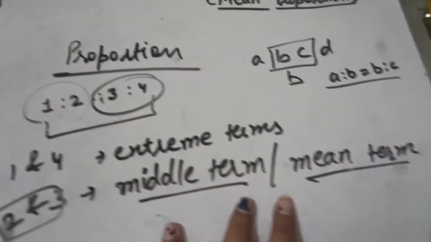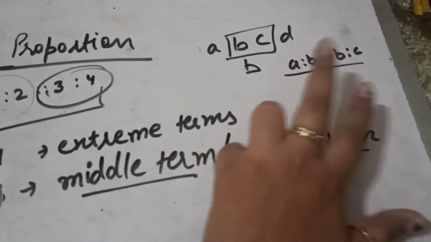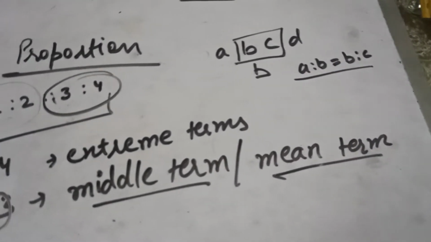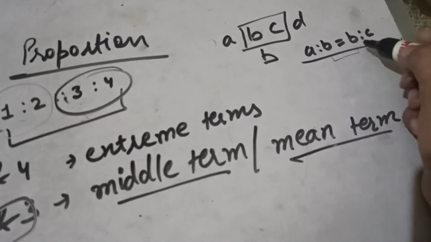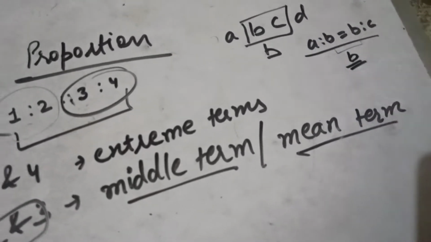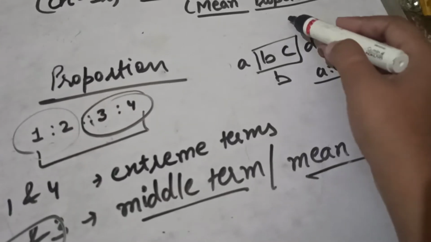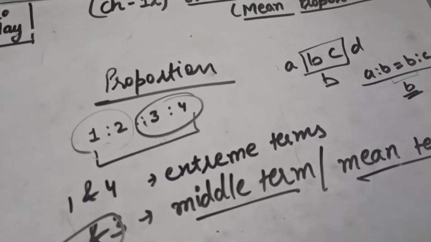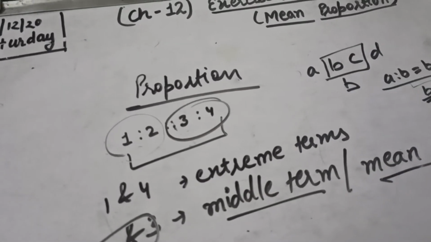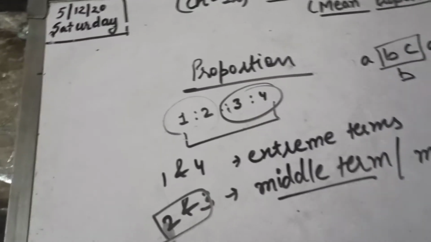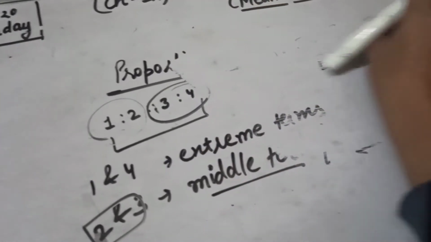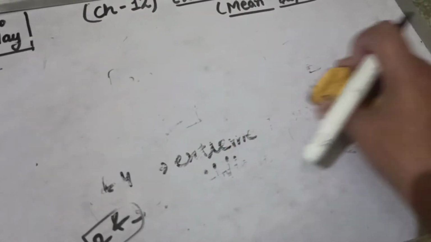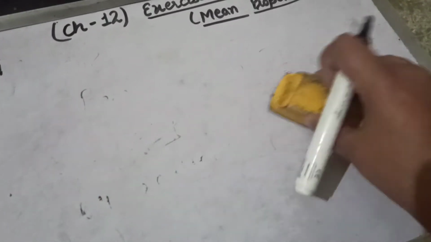So in that case, A ratio B equals B ratio C. See here, second and third term is only one term, that is B, right? So that's why it is mean proportion.